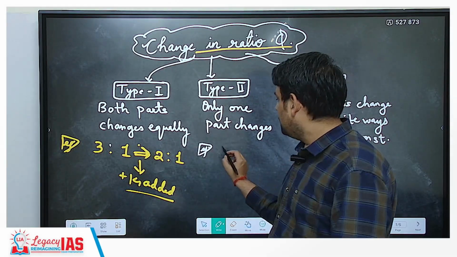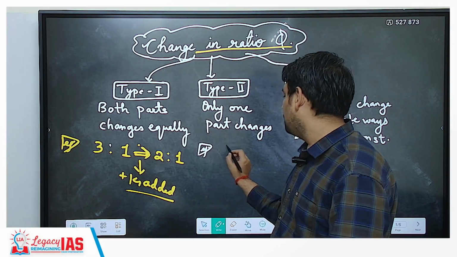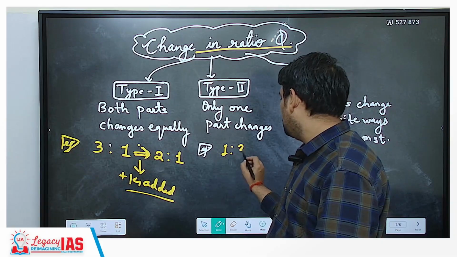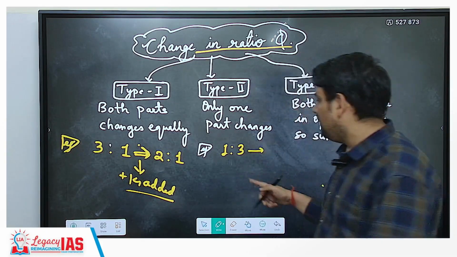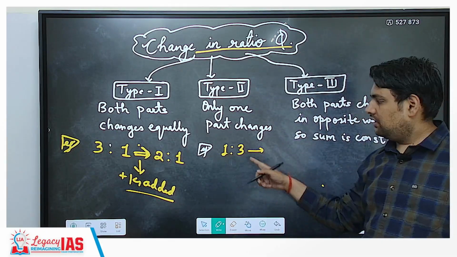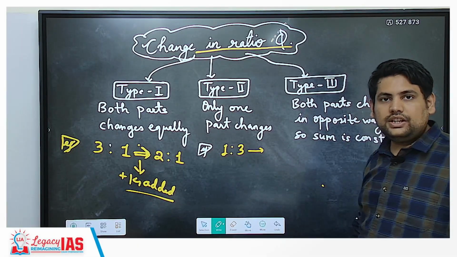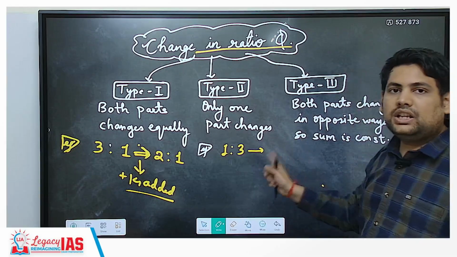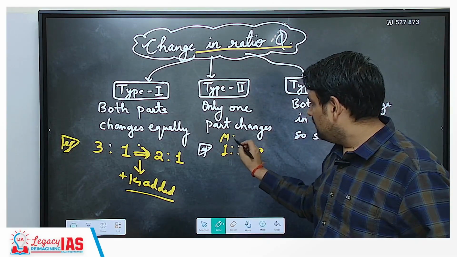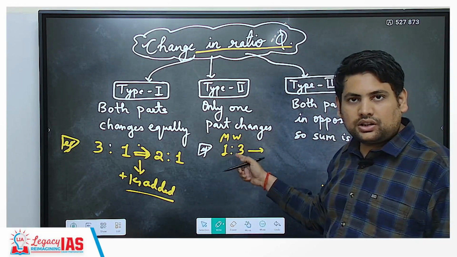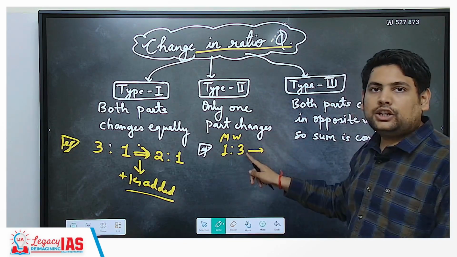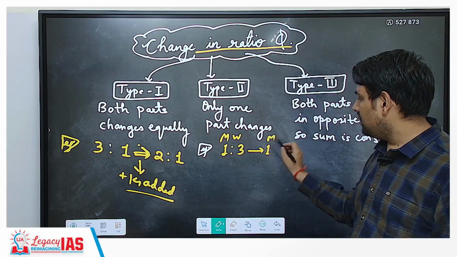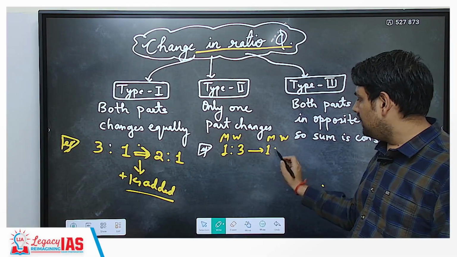Let us say initially the ratio of milk and water was 1:3. Initially the ratio was 1:3. Then some milk was added to it. This is milk ratio water. Now some milk is added to this solution and the ratio of milk and water now becomes 1:2.